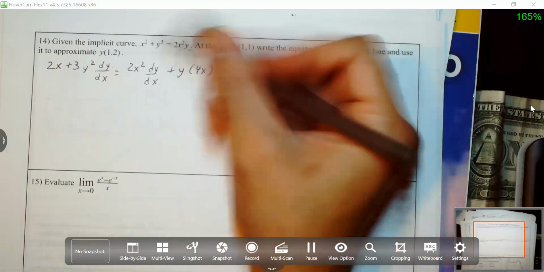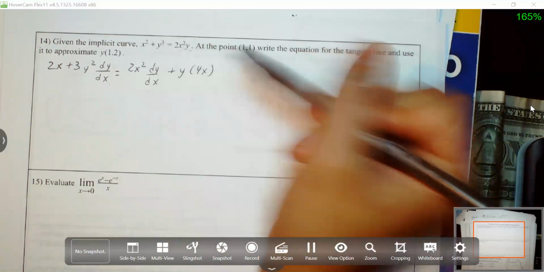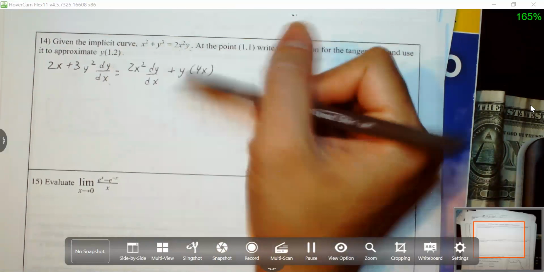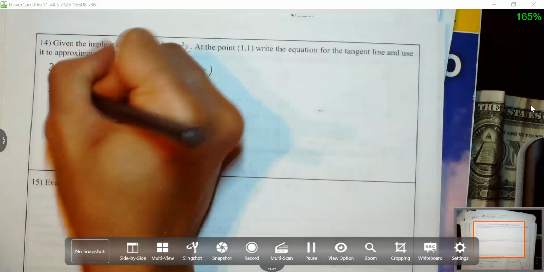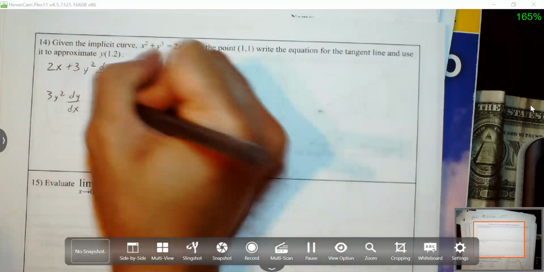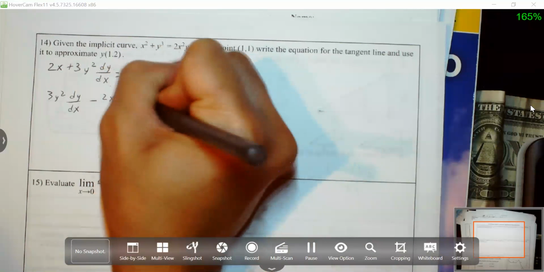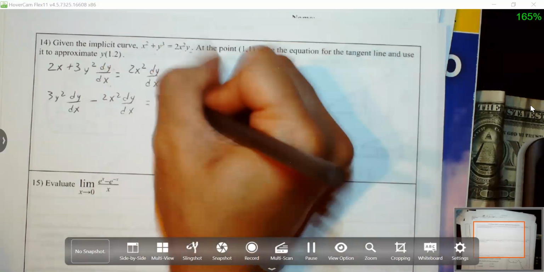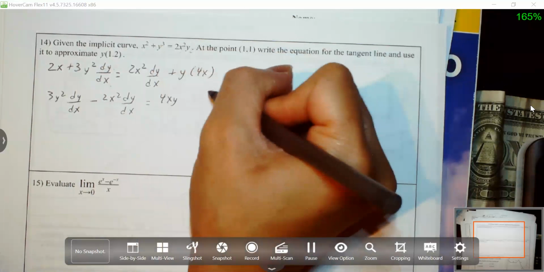Okay, so now once again, we're going to solve for dy dx. So I'm going to get everything with dy dx on one side, everything that does not have a dy dx on the other side. So this is 3y squared dy dx minus 2x squared dy dx is going to be equal to 4xy. I just changed the order there.